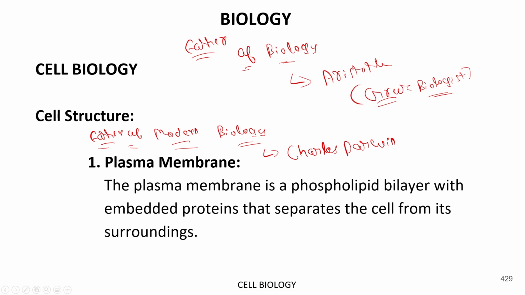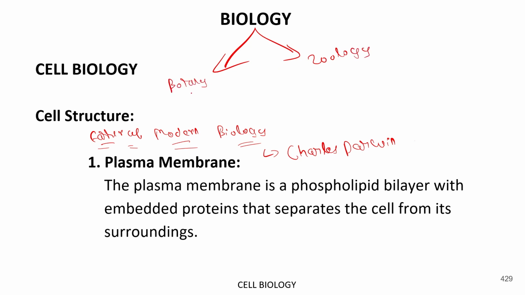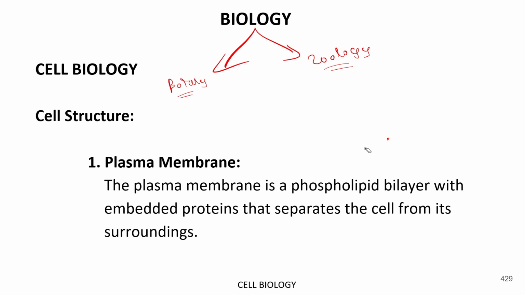Got it? Second thing is that biology is often divided into various parts, but there are two main parts which are important for us from the examination point of view. First is zoology, second is botany. Basically, in botany and zoology we have to study different subjects and these subjects cover different living organisms.